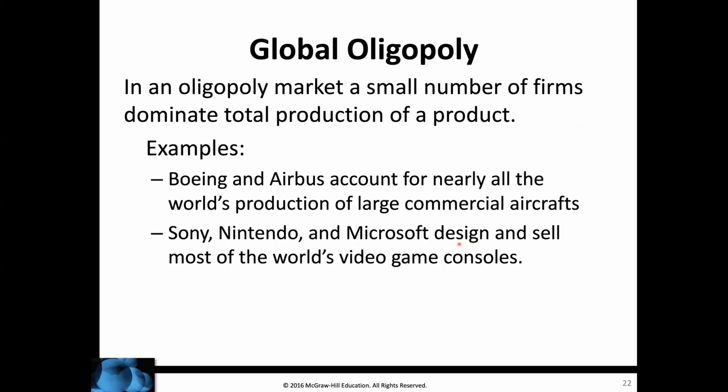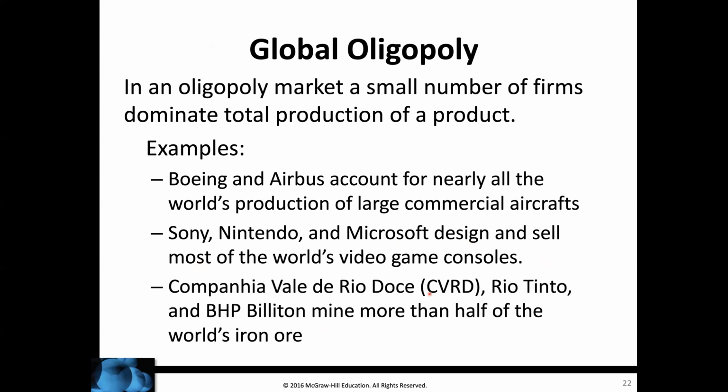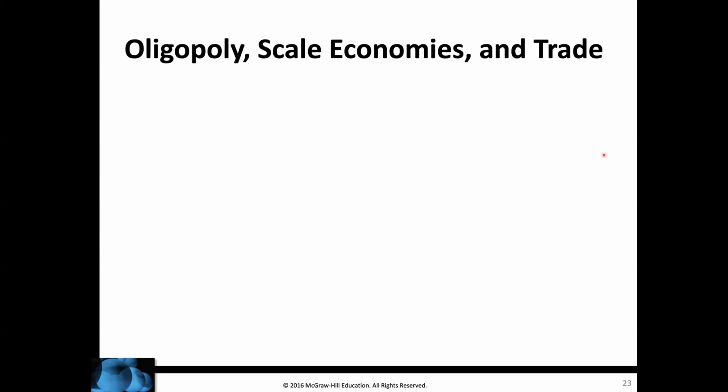Sony, Nintendo, and Microsoft design and sell most of the world's video game consoles. And CVRD, Rio Tinto, and BHP Billiton mine more than half of the world's iron ore. So we're talking about a small number of firms that dominate total production, a huge amount.